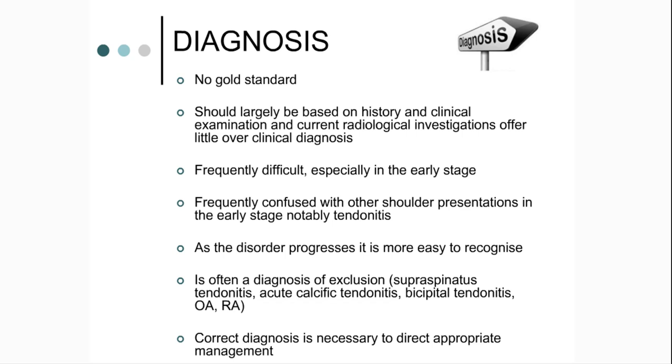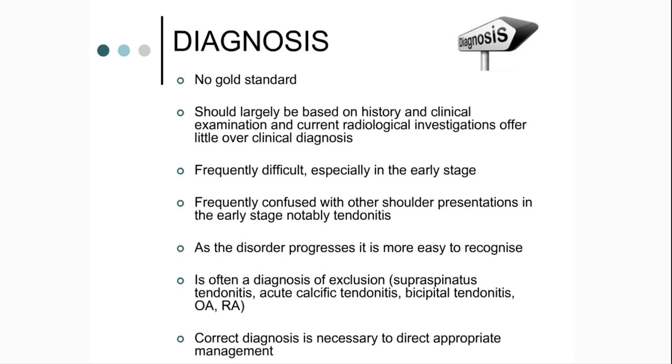So we basically need to be very clear on the history and our clinical examination. Diagnosis, I don't think, is very hard in the later stages, when we have someone who can describe the progression of their problem. They present to us with marked restriction of movement, and I think most people are fairly confident making a diagnosis then. But early on, in the painful stage, and in the four-stage classification, the stage before then, it's very difficult to diagnose, and it's very easily confused with other shoulder presentations.